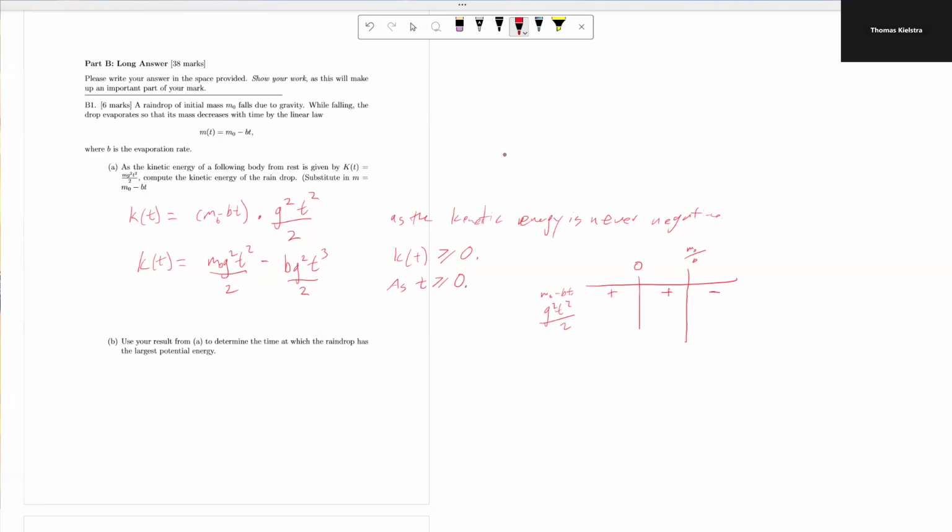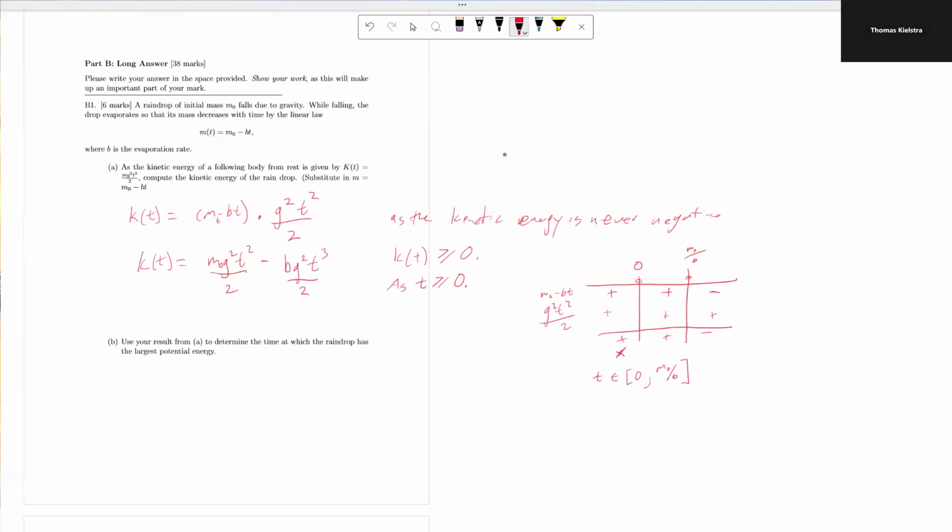And this entire term here is positive everywhere, giving us positive, negative, positive. However, we can't have a negative time. These are 0 values. So our domain is the interval 0 to m naught over b.